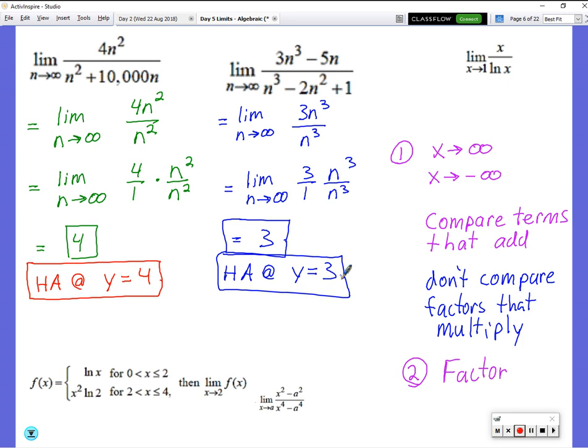Questions from anyone about anything? Oh, please. So can you just disregard the -2n squared because that won't affect it? Outstanding question. 2 points for Rachel. Same logic, actually. This is n cubed. We're comparing terms that add, so I think of it as plus negative 2n squared, and then plus 1n to the 0.